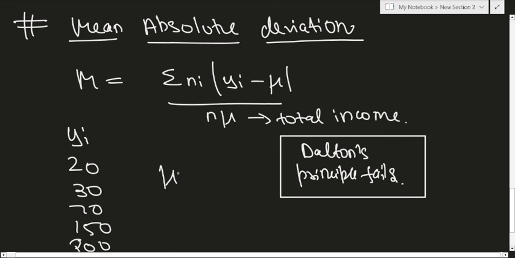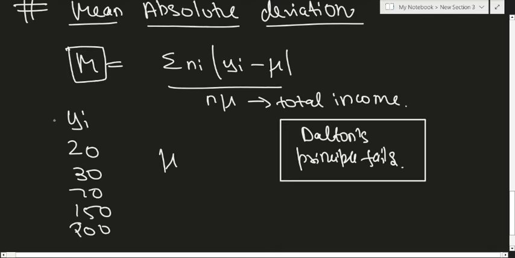We're just adding and subtracting the same number from the distribution, and the deviations would change. But when we sum up the absolute values, no change would be there in the mean absolute deviation. No change in the value. This exercise you must take on yourself to see if you can understand this well. Okay.